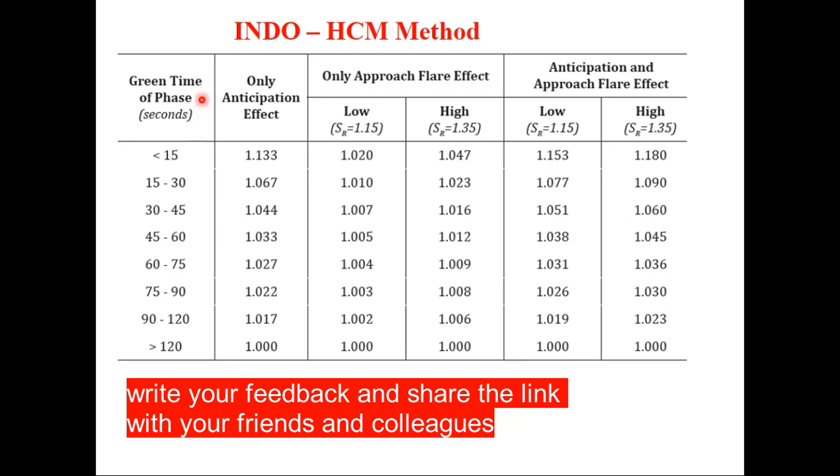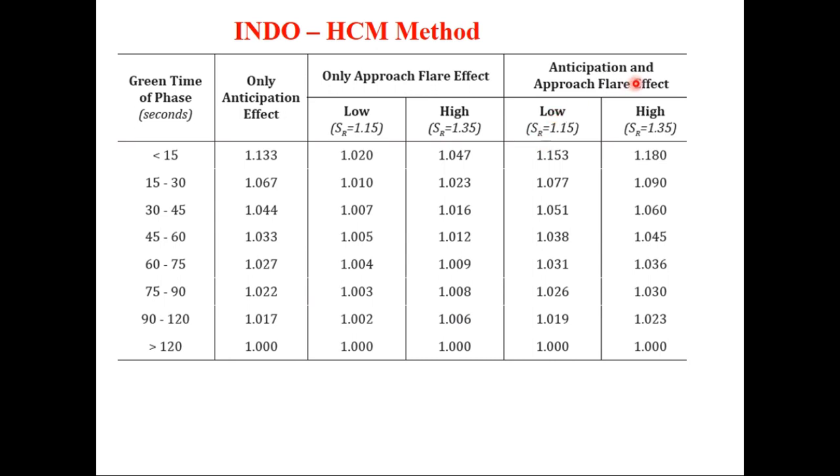If the green time is in this range, and you have only anticipation effect, meaning there is no flare in the approach, then these are the values to be taken for FIS. And if the surge ratio is low or high and you have only approach flare effect, or when you have both anticipation effect as well as approach flare effect, you can appropriately choose the value of FIS.